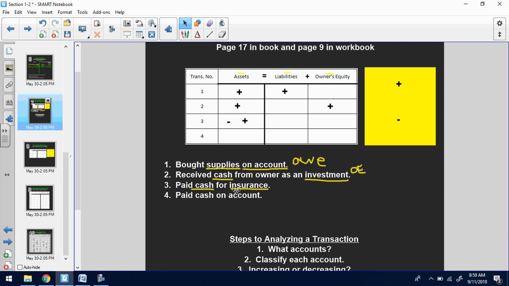Okay, last one. Paid cash. We just dealt with that one, so we know that one. Paid cash. And then on account. So we did that up here. Up here, we bought something on account, which means we owed money, and if you remember, it went up. Now we are paying that money that we owe.